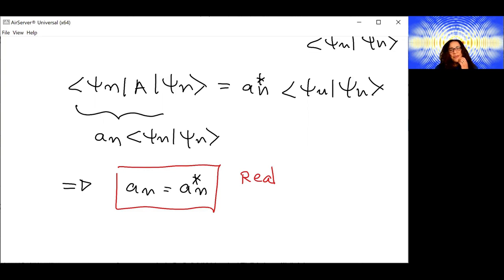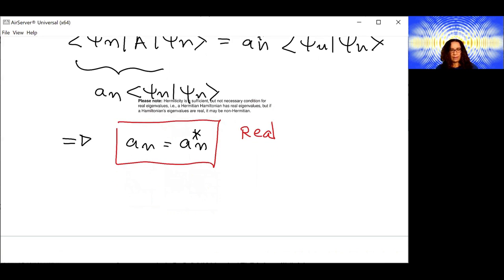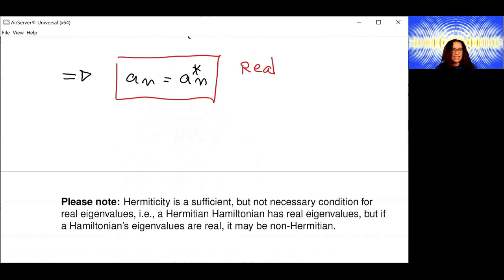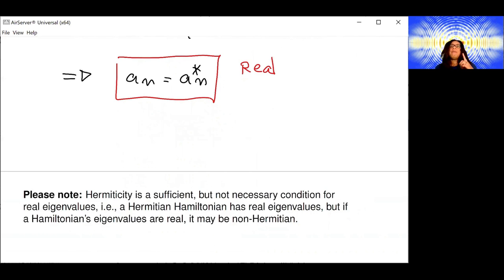One thing that I would really like to call your attention to, because you have seen this for a long time and it looks quite cast in stone, is that hermiticity is a sufficient but not a necessary condition for real eigenvalues.